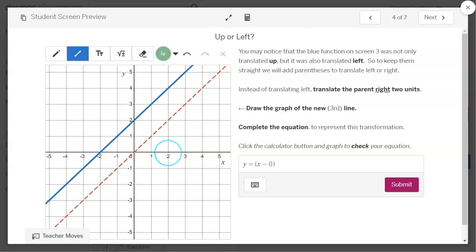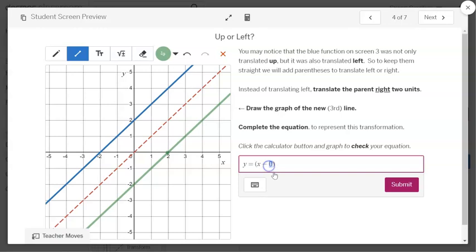So we're going to start at this 2. The slope is 1. And then we're going to complete the equation. So we're going to do x minus 2 to translate it right 2.